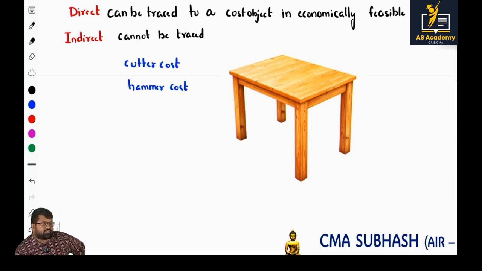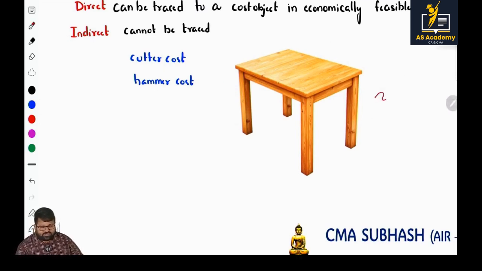According to the size. For example, I am manufacturing 50 tables. Raw material of the wood for the table, is it fixed or variable? Variable. It changes according to your production.